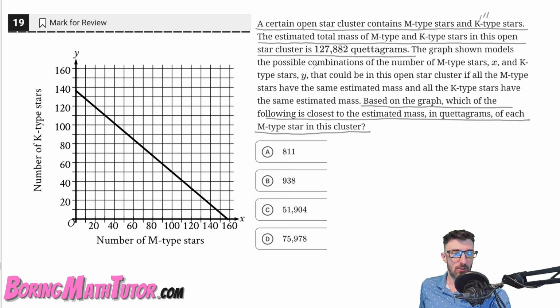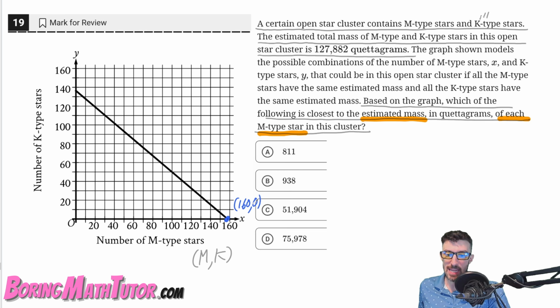The graph shown models the possible number of combinations of X and Y. Well, I can see over here, yeah, sure, I could call it X and Y, but I could also call it M and K. But what they want to know is what's the estimated mass of each M-type star. The key to this problem is realizing the coordinates over here are approximately 160, 0.